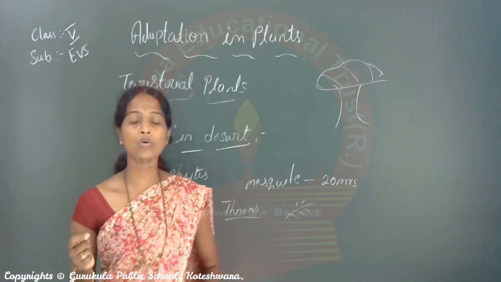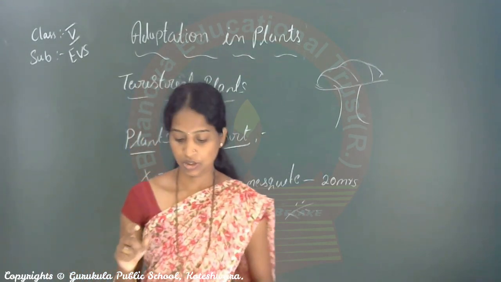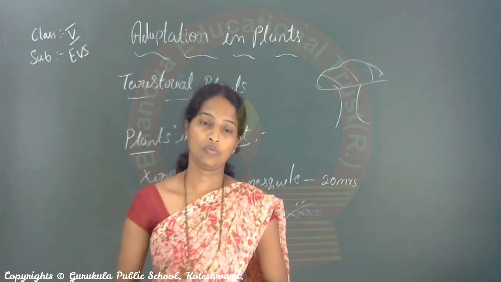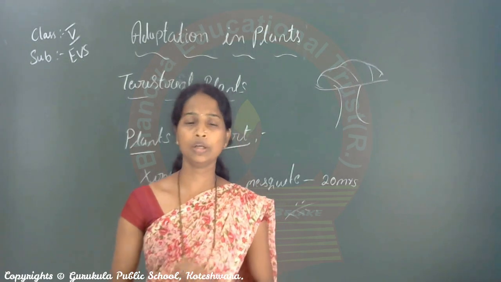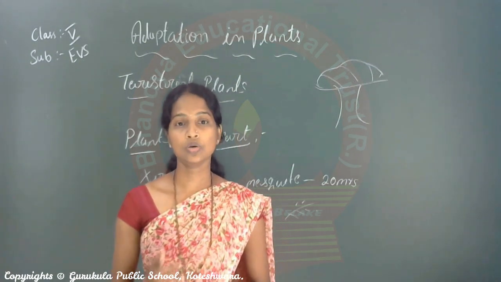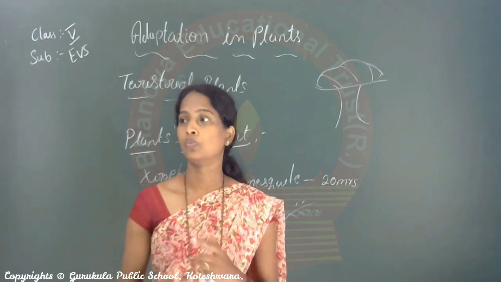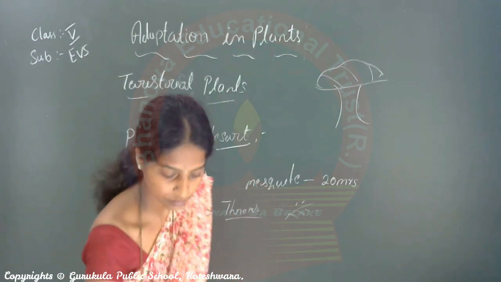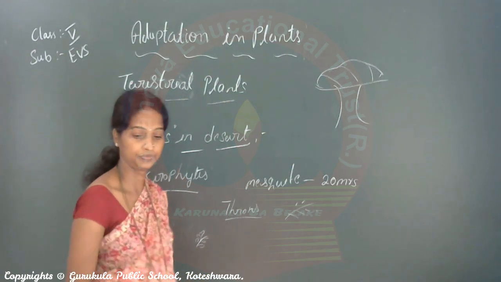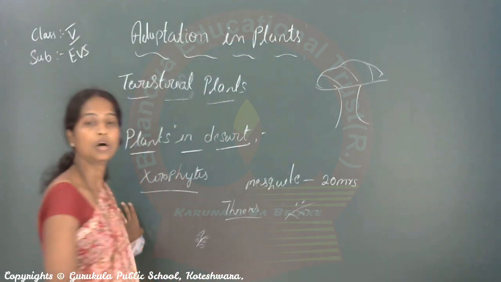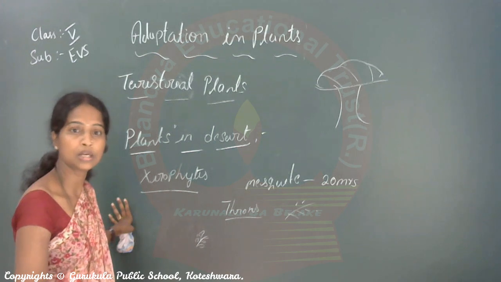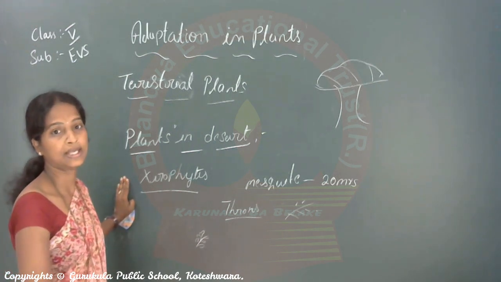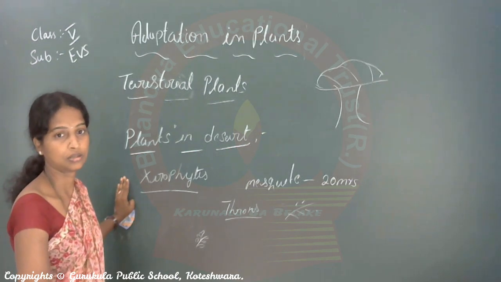Cactus plants have a spongy and soft stem to store the water. They need water, but there is no water, so they store the water. These adaptations are features of desert plants.